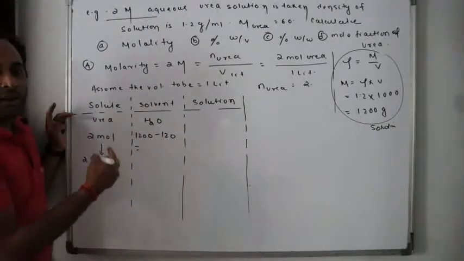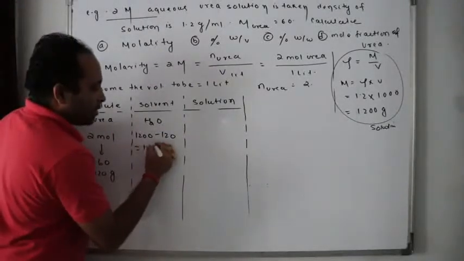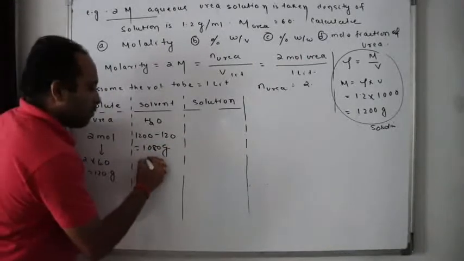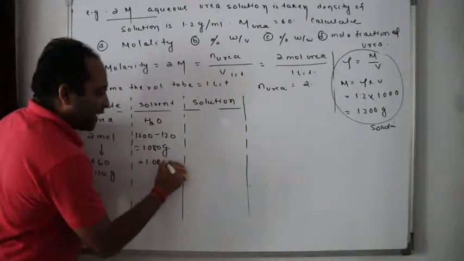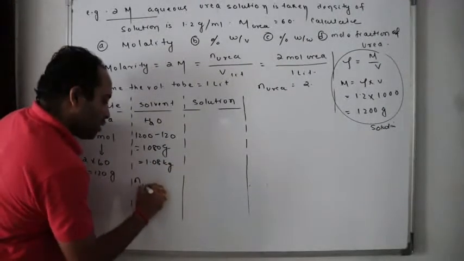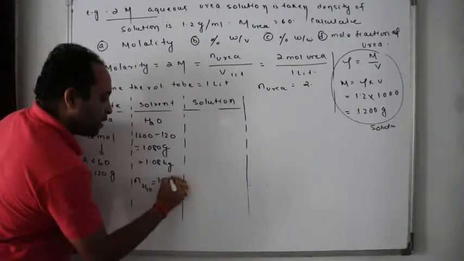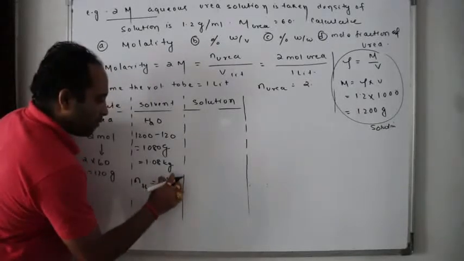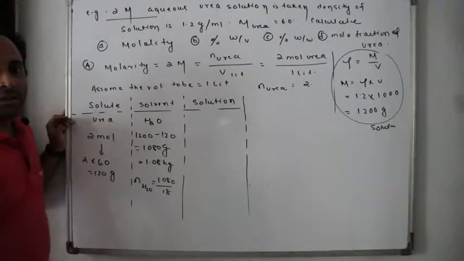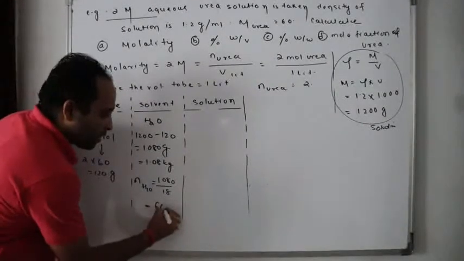If I subtract 120 from 1200, I'll be left with 1080 grams, or that is equals to 1.08 kg. Yes or no? Now number of moles of water is equal to 1080 by 18, that is approximately how much? 60.